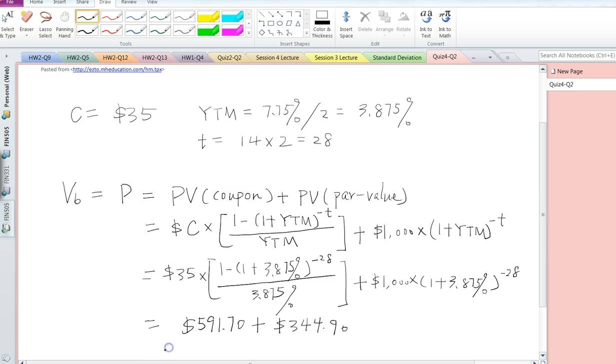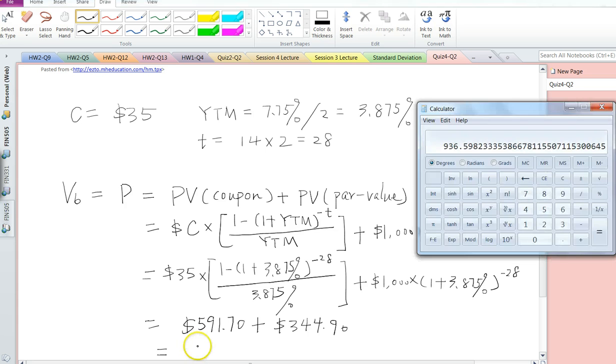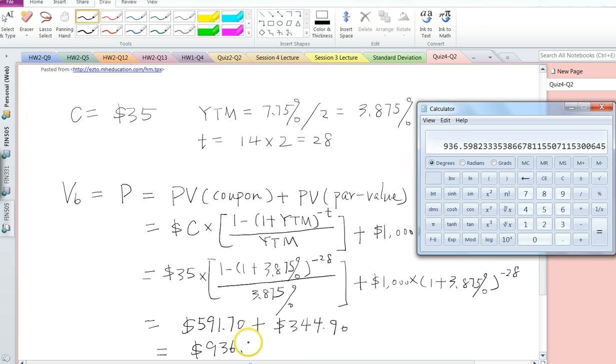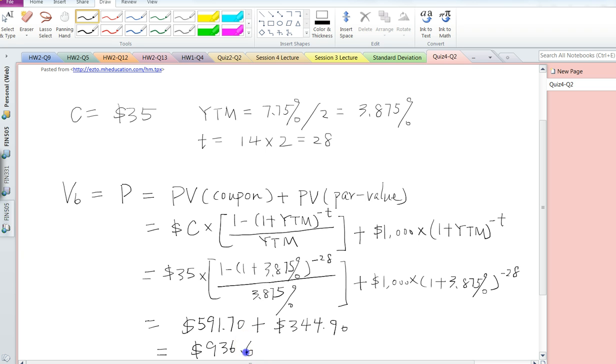So hence their sum becomes 936.60 if I keep 2 decimal places.